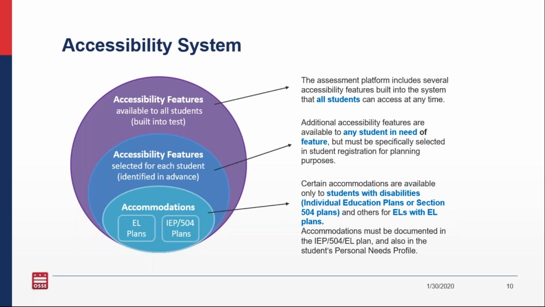Accommodations must be documented in the student's IEP, 504, or EL plan, and also need to be in the student's personal needs profile. The personal needs profile will be completed by your LEA, by your school, prior to registering for the PARCC and DC Science assessments.